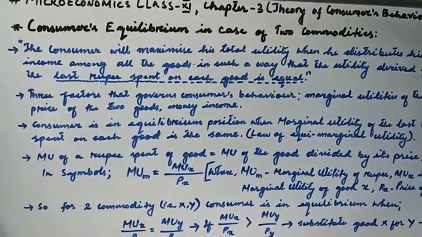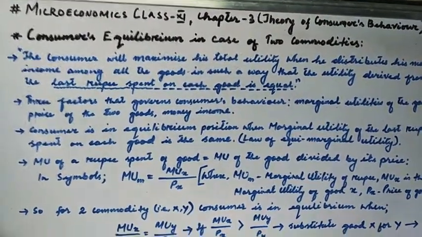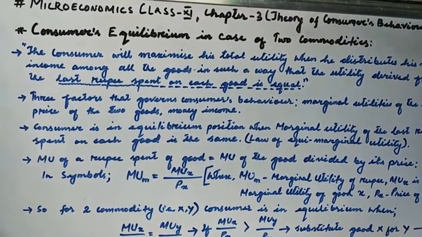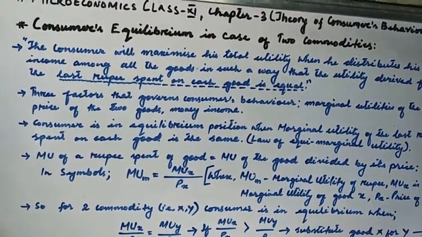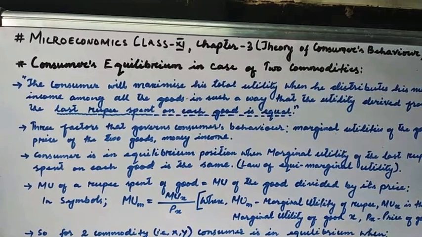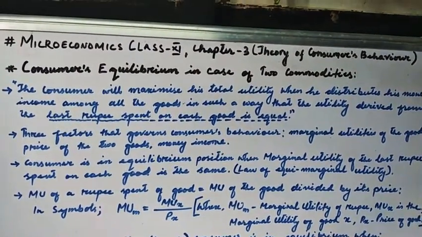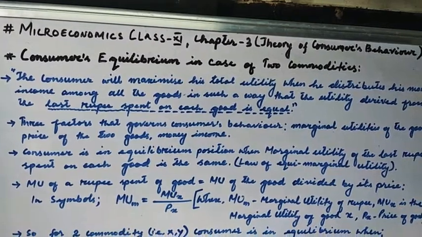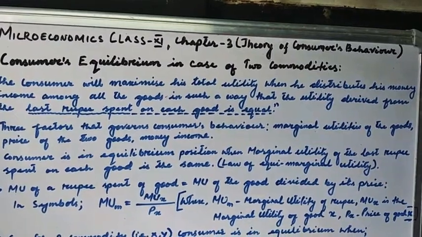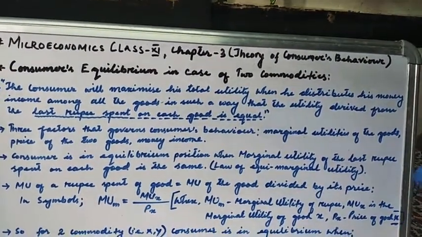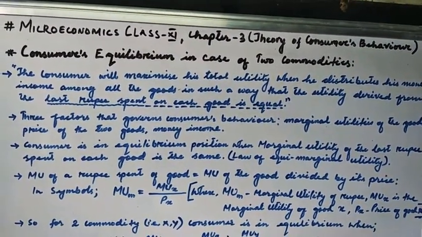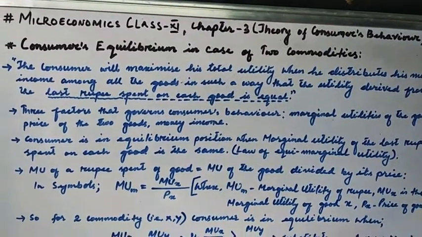So in a two commodity case, assuming that a consumer has a given money income and that he is rational, a consumer will attain an equilibrium position when he maximizes his total utility in distributing his money income among good X and good Y, in such a way that the utility he derives from the last rupee spent on each good is the same.